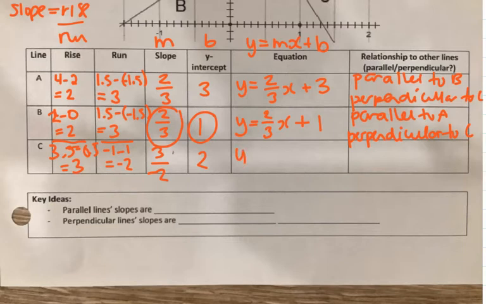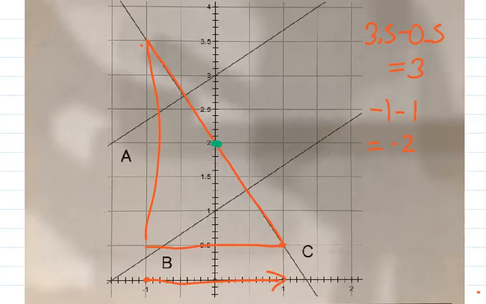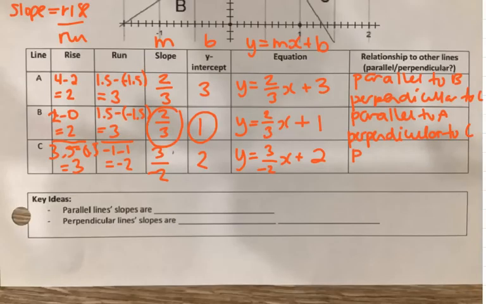So our equation is y equals m, which is 3 over -2, x plus b, which is 2. And what is the relationship to the other lines? It's perpendicular to both of them. Perpendicular to A and B.